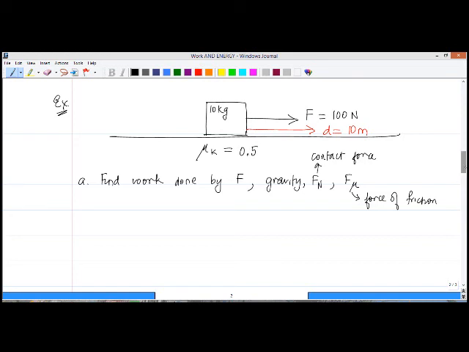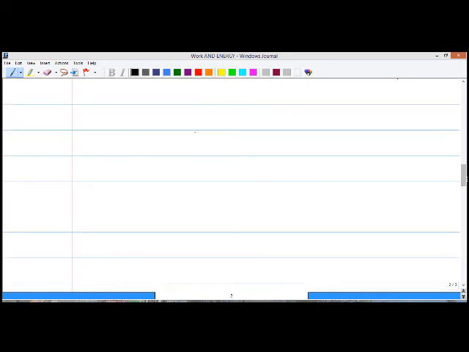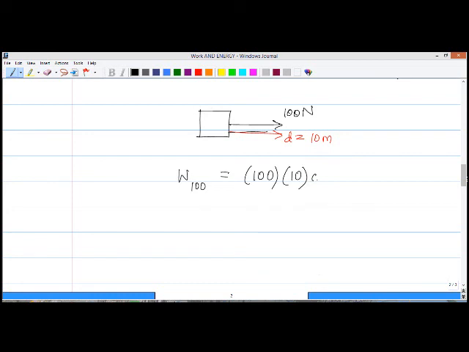Alright, so let's proceed. Let us first find the work done by the force, the 100 newton force. Now, in order to do this, I'm going to draw the 100 newton force, and then I'm going to represent the displacement in red, and D is equal to 10 meters. Now, my definition is W_F equals F D cosine theta, so W_100 is equal to F, which is 100, D, which is 10, and then theta.